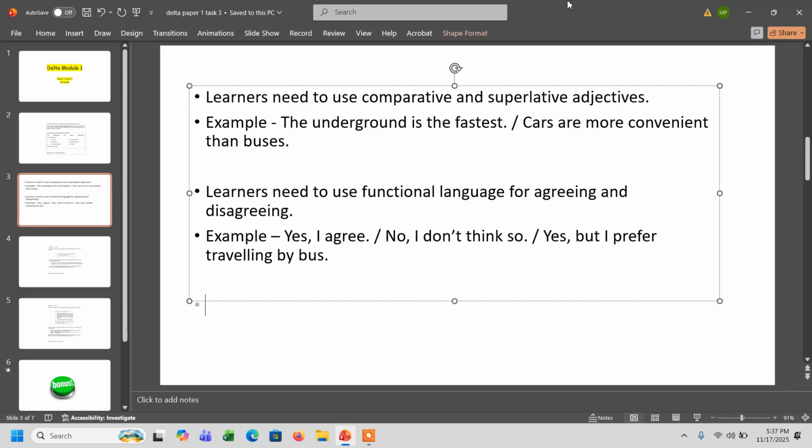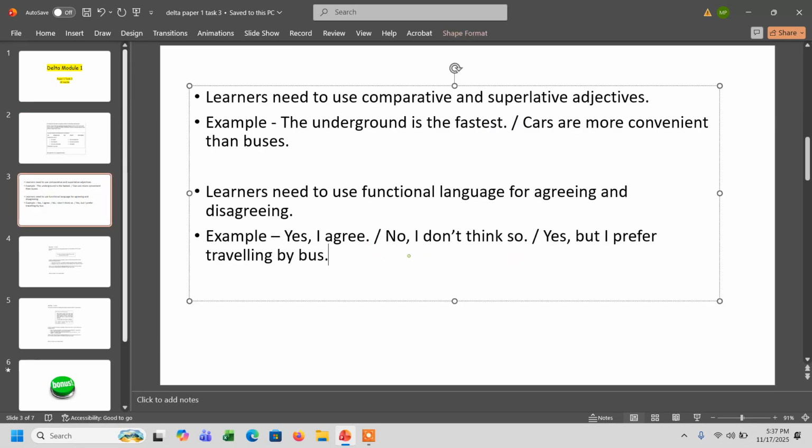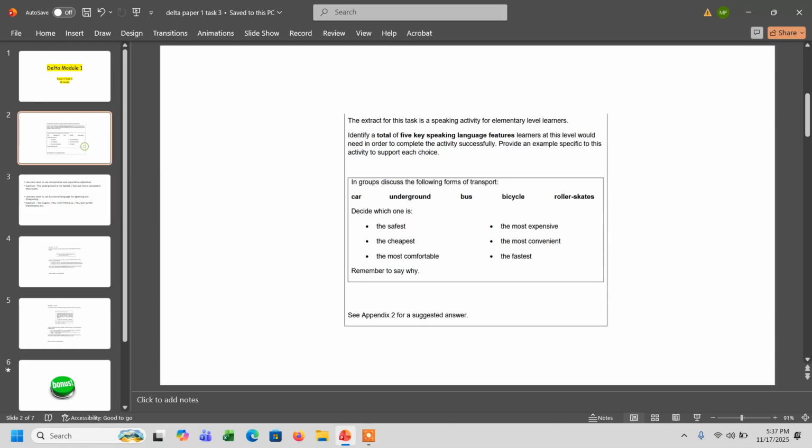And what else? We also need to say why. We mean the learners, elementary level learners also need to say why. For example, the underground is the fastest. If someone says that, another student will say, yes, I agree, because there is no traffic. Or no, I don't think so, I think traveling by roller skates would be better.